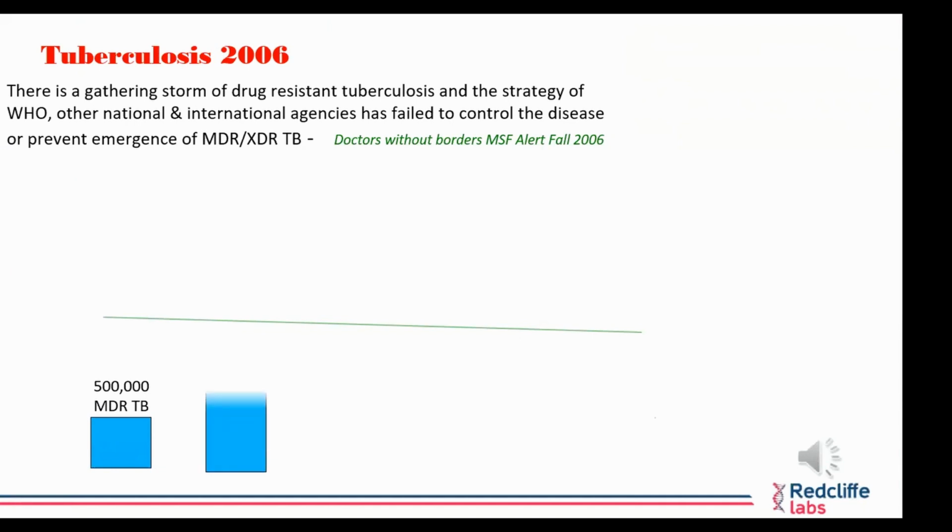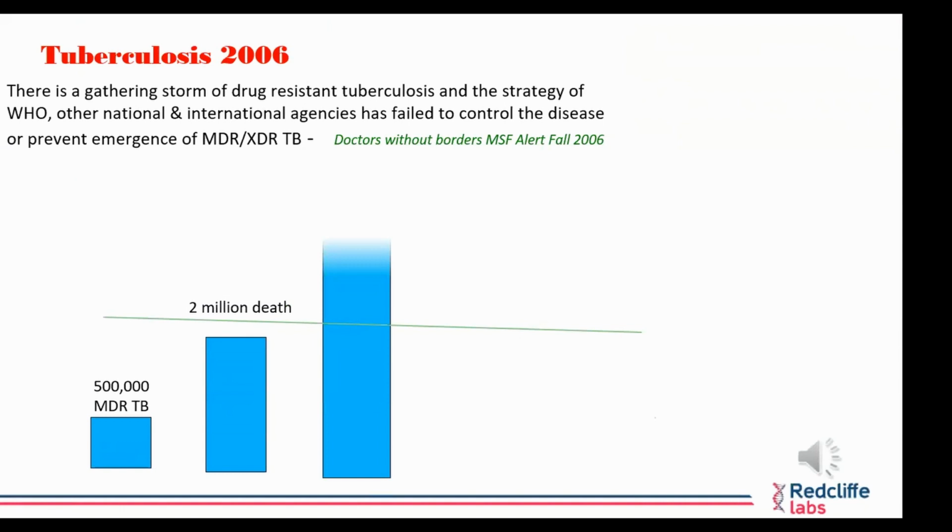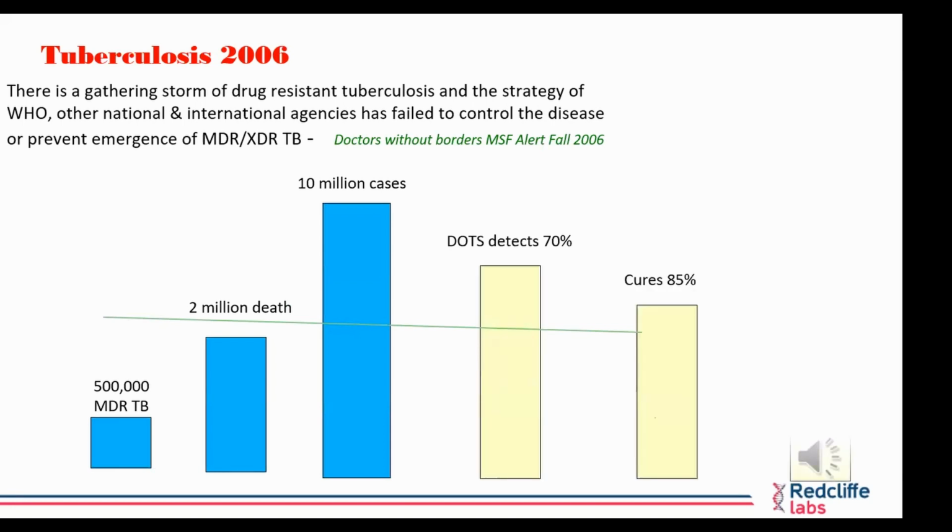During that time, there were 500,000 MDR tuberculosis cases, 2 million deaths, and 10 million cases, and DOTS, which is directly observed treatment short course, was to detect 70% and cure 85%.